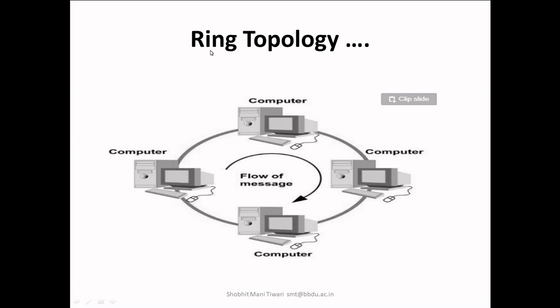Hence, I again want to tell you ring topology is a very useful topology in real life applications such as ISDN networks, such as your telephonic networks, such as your optical fiber arrangement, and those things will be discussed in detail in the subsequent lectures.